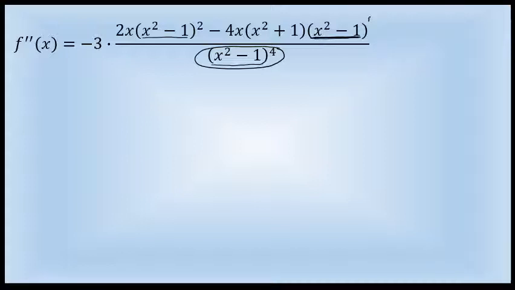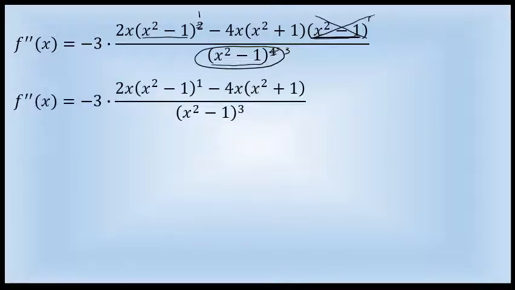This can be simplified with the x squared minus 1 to the fourth power that's in the denominator. What I'll do is cancel these out. I'll be dividing the numerator and denominator by x squared minus 1 to the first, which means the denominator will go to the third power. The x squared minus 1 to the first power after the minus sign will be eliminated completely, and the x squared minus 1 to the second power in the first term of the numerator will go down to the first power.